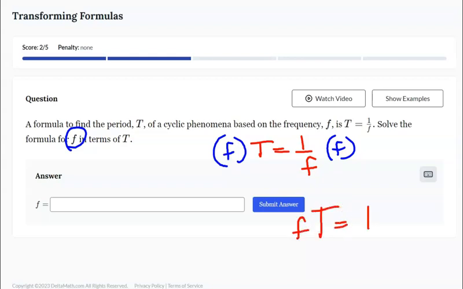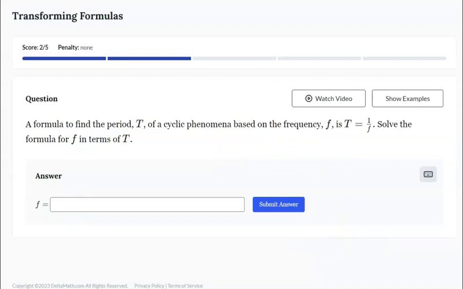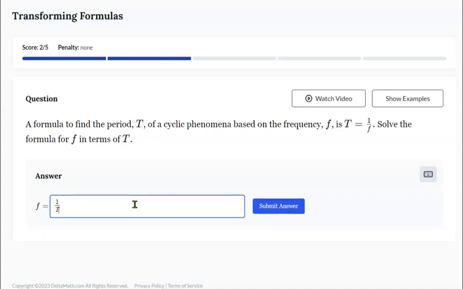And now I'm going to get F by itself by dividing both sides by T. So F is equal to 1 over T. That's what I'm going to type here in my answer box. 1 over capital T.